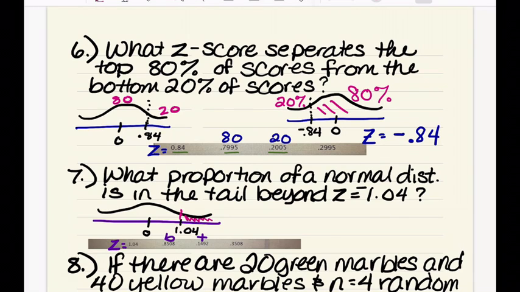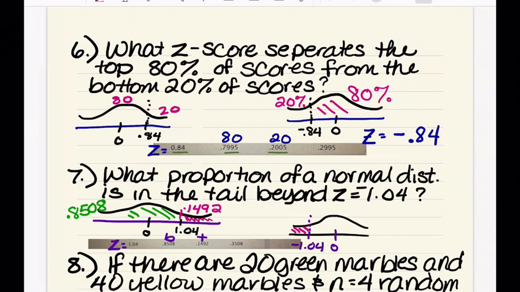On our unit normal table, it shows us that z equals 1.04 shows about 15% in the upper tail. And so since that's mirrored on the other side, a z of negative 1.04 would show a tail on the left of 0.1492 and a body on the right of 0.8508.